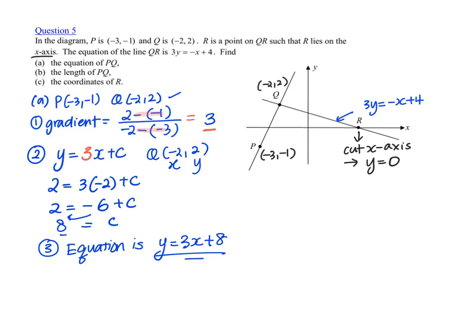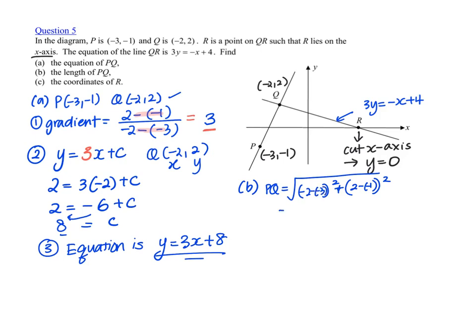Part B, find the length of PQ. So the length of PQ is given by the Pythagoras theorem. Something square plus something square. What's inside the brackets? y2 minus y1. Be careful of the sign. x2 minus x1.